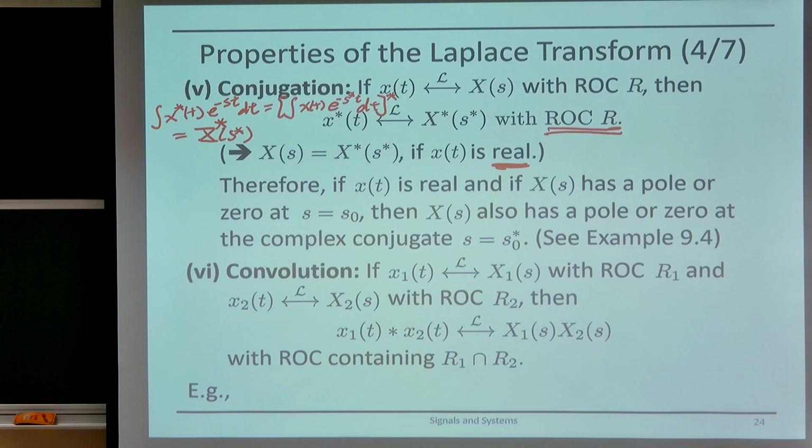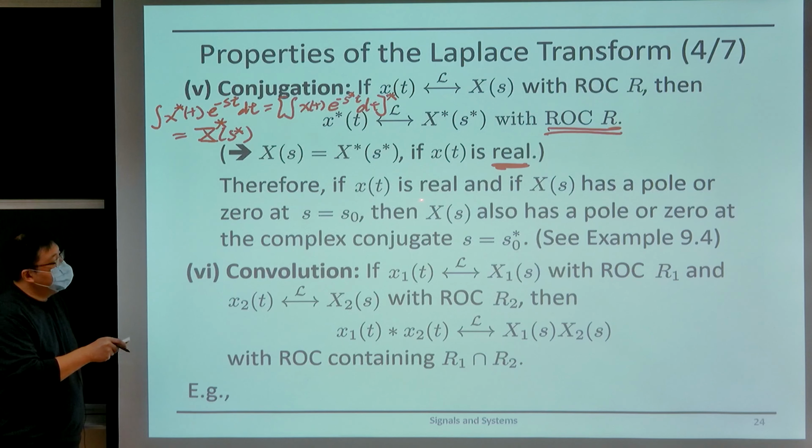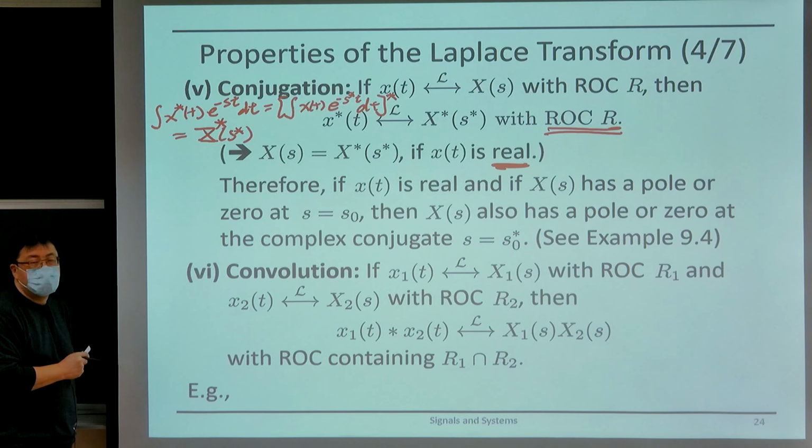So then, if x of t is real, and if we know that X of s has a pole or 0 at s equal to s naught, then X of s must also have a pole or 0 at the complex conjugate of s naught, which is s naught star.